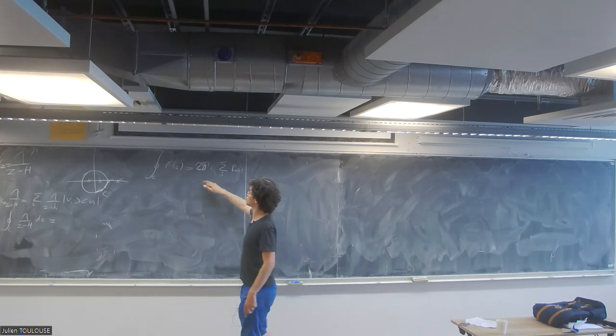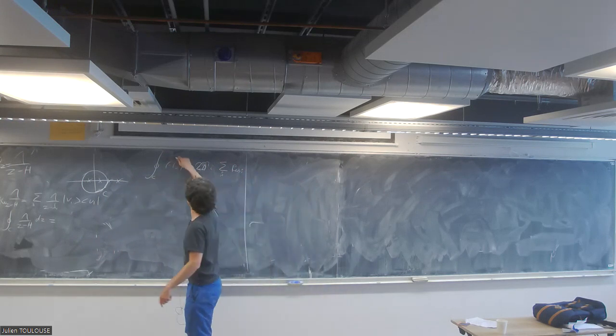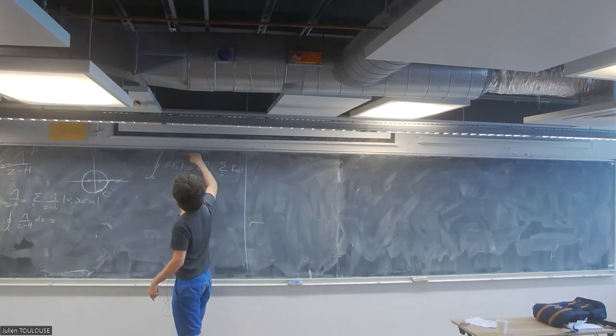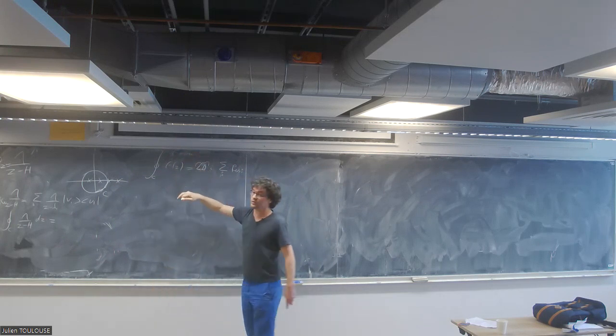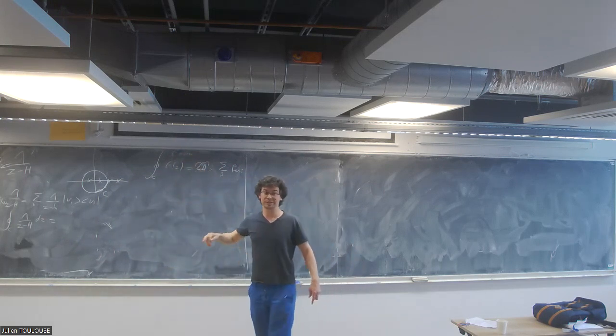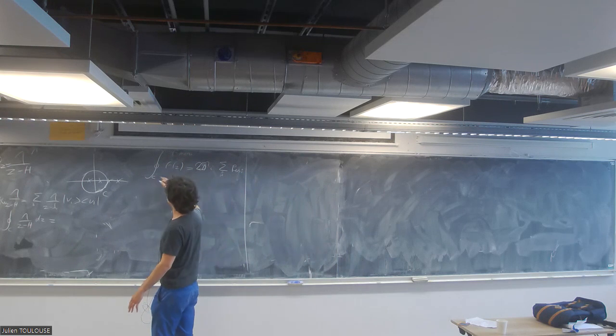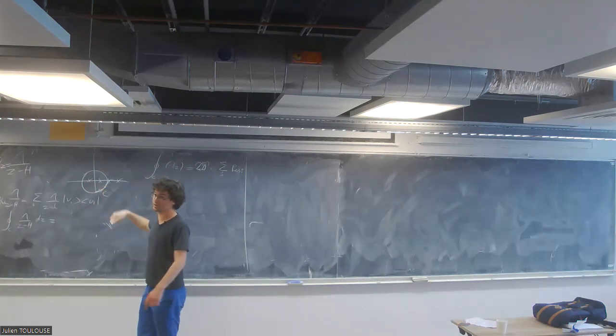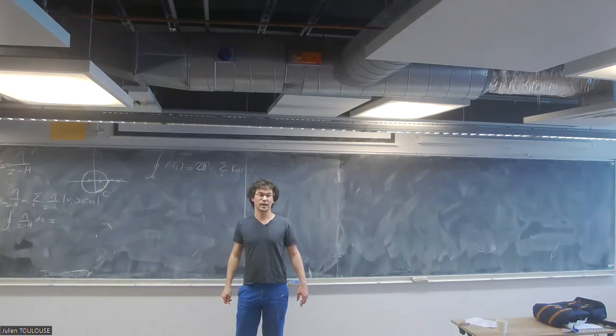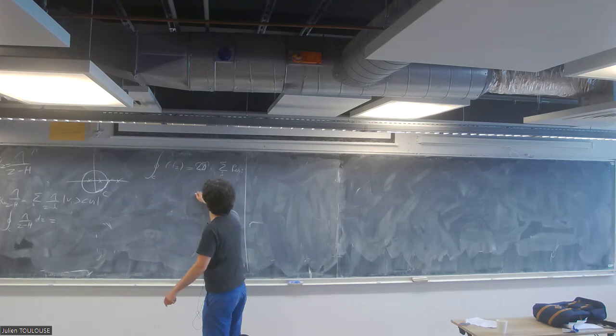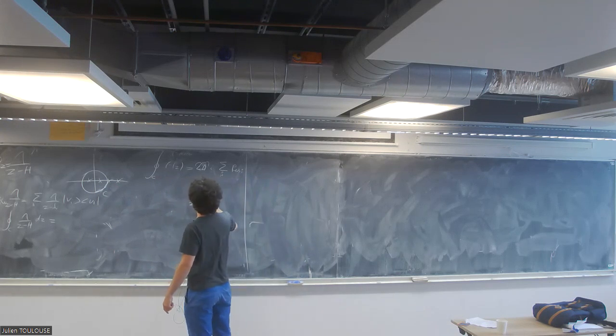So what is the residue? If f is meromorphic, so it's an analytic function except at singularities, you simply look at how many singularities you enclose, and at each singularity you enclose, you sum what's in this. Basically, this is just a fancy generalization of this.